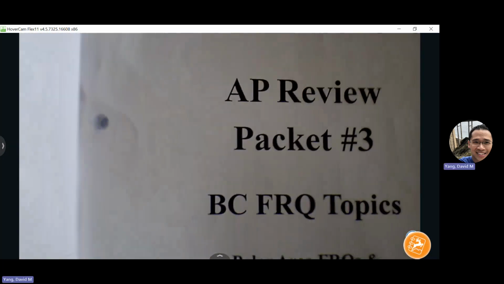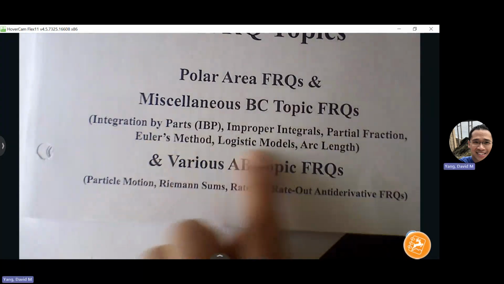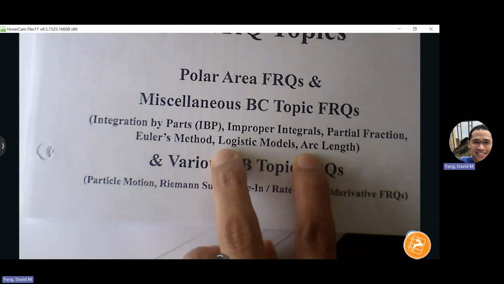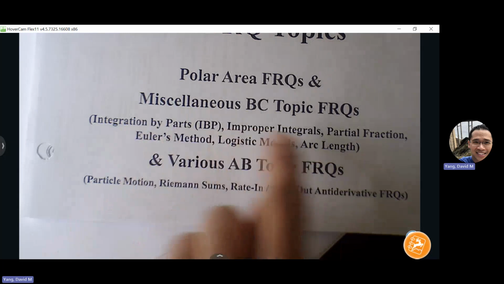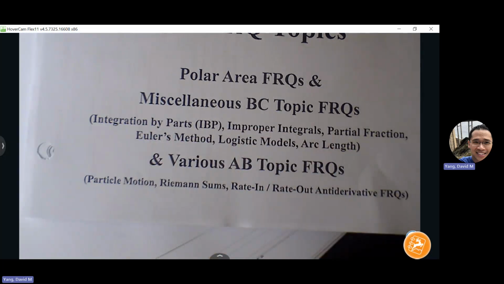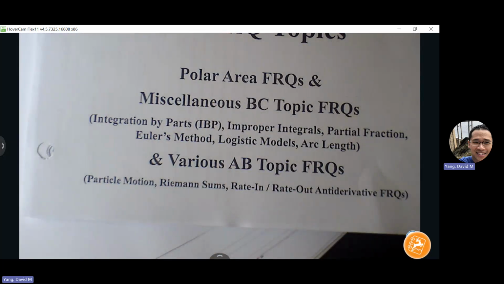I think it's guaranteed that at least 1 or 2 of these will show up in some form on the AP exam. But there won't be a dedicated problem just for these. They'll be small parts inserted into a bigger problem. Polar area seems to be a fuller problem, and on average it shows up once every 2 years. It hasn't shown up in the past 2 years, so maybe it's due to show up this year.